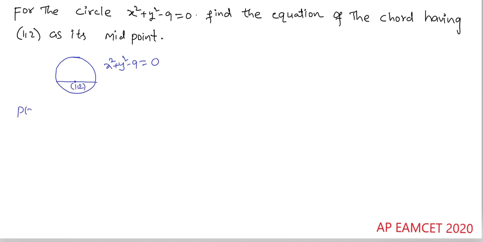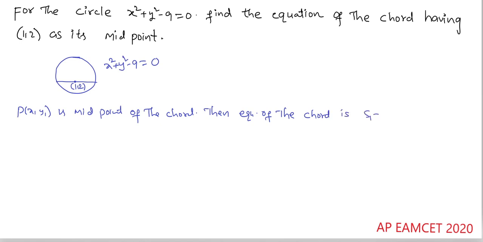If P(x1, y1) is the midpoint of the chord, then the equation of the chord is S1 = S11. This is the equation of the chord having P(x1, y1) as its midpoint.